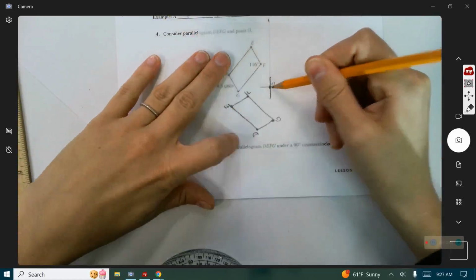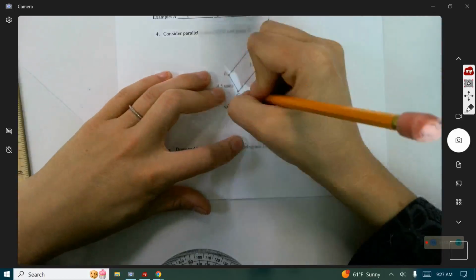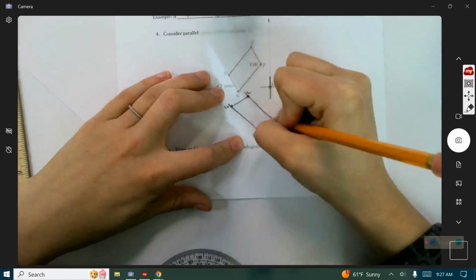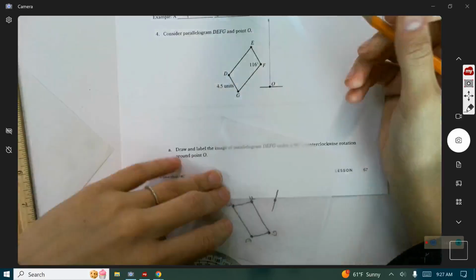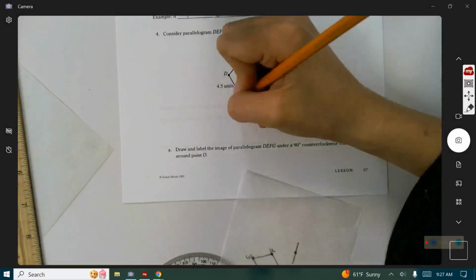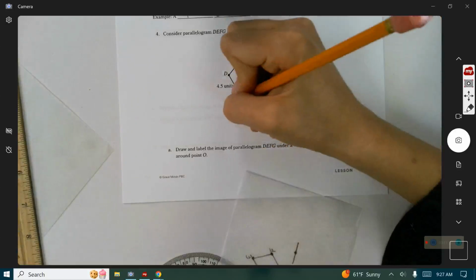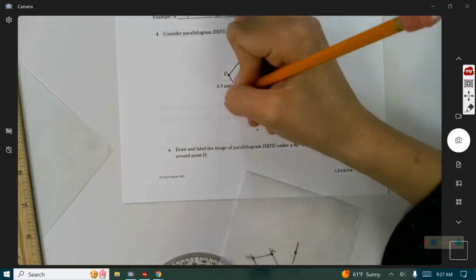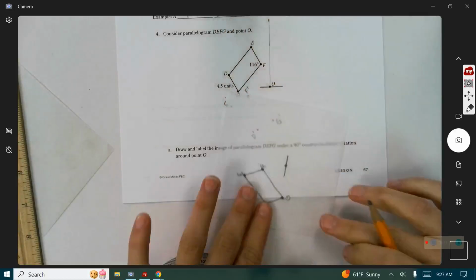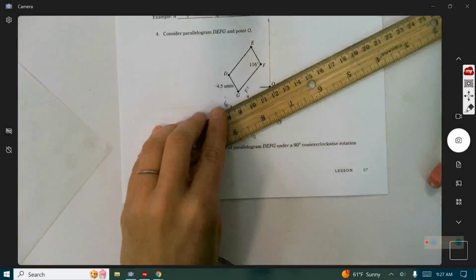And then we will stop. Connect it with the straight edge.